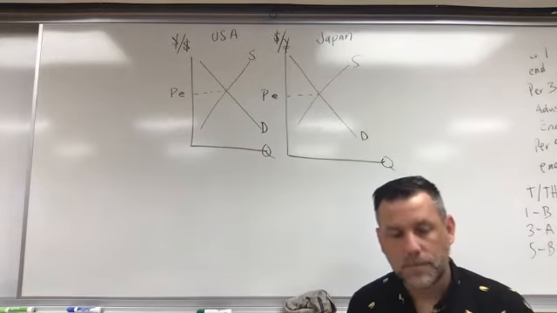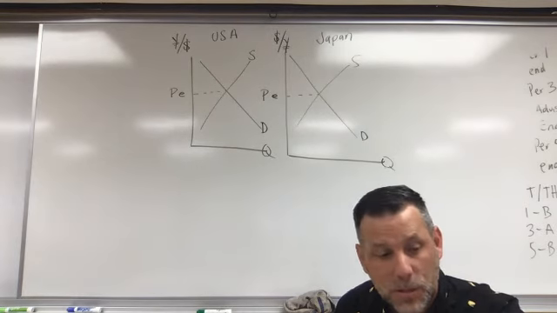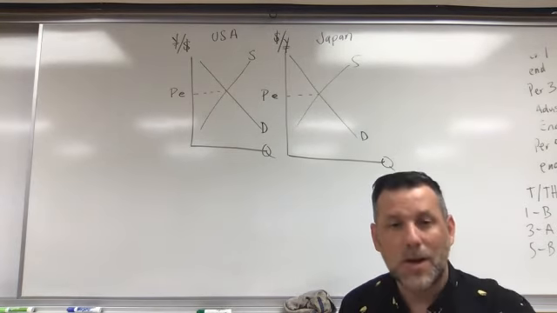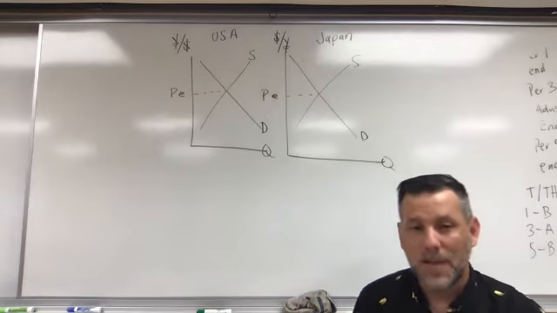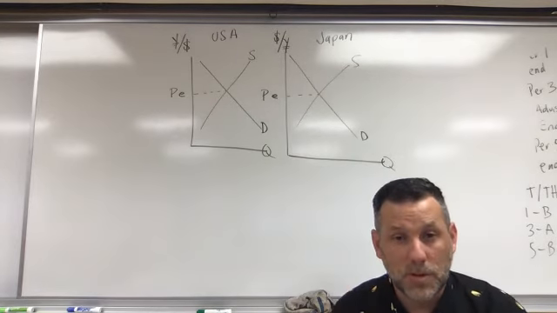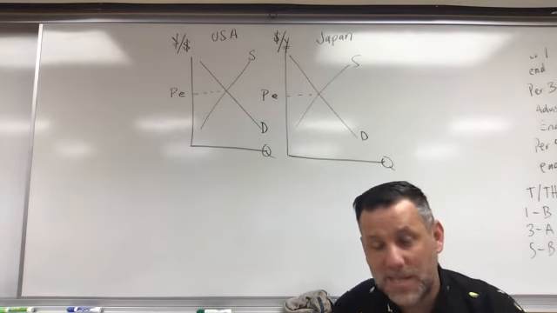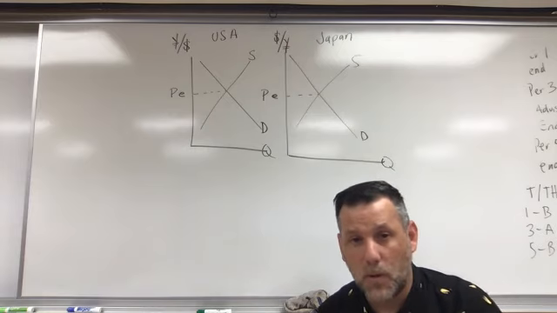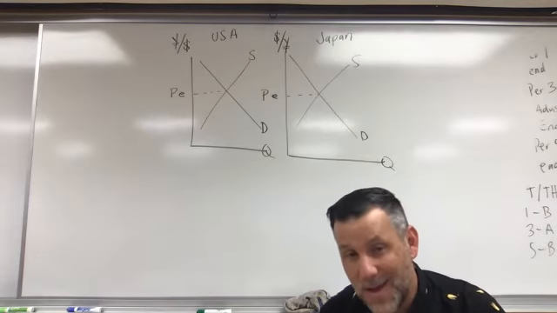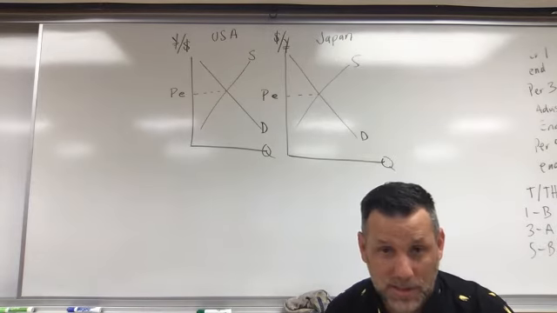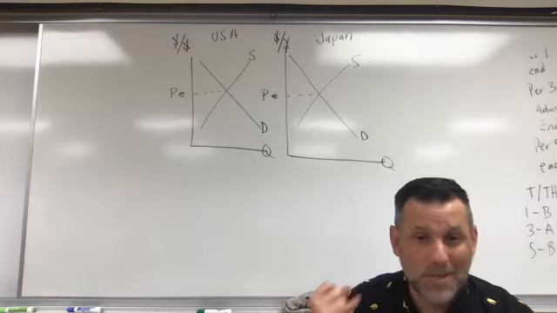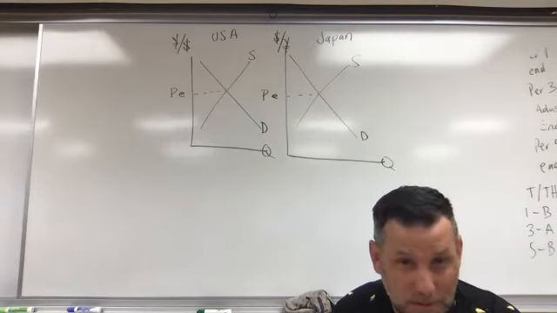Now, typically your shifters are going to be things like imports and exports. If anything causes people to want to buy more of another country's stuff, they're going to have to get their currency. So imports and exports is going to be a big shifter in this model.